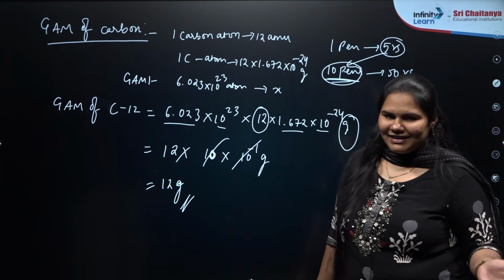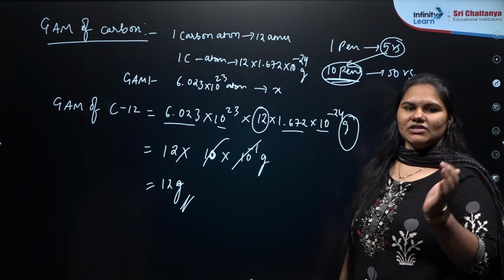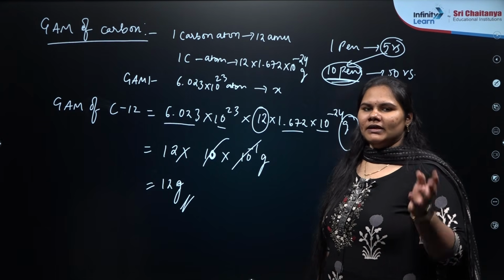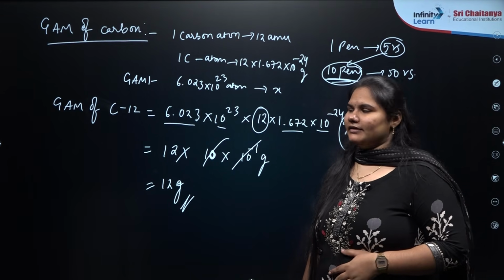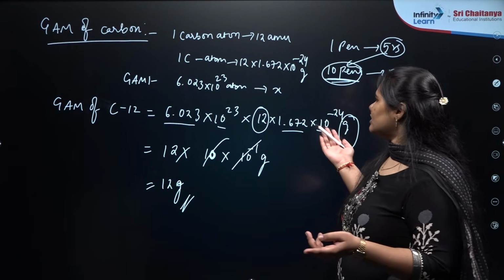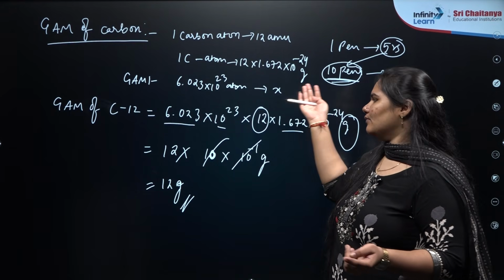We didn't do anything special. I'm not saying that atomic mass and gram atomic mass are the same, just with the units changed. No, it's not like changing the units directly. Atomic mass is for one atom, so whether in AMU or in grams, it will be a very small value.